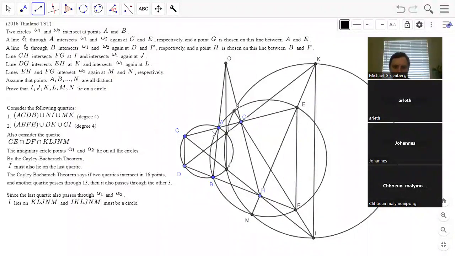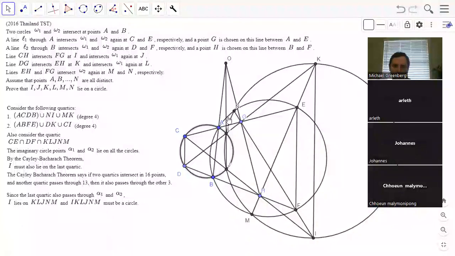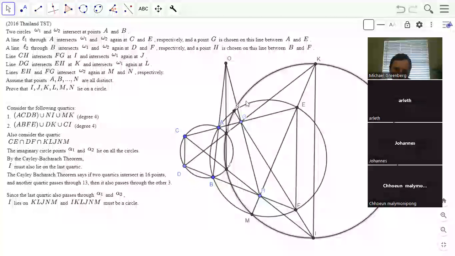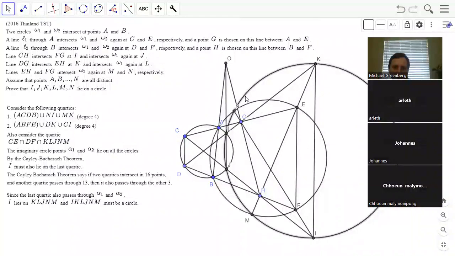And so this means that O has the same power with respect to this circle and this circle. But we don't yet know that that's this circle. Oh, we do. So O has the same power with respect to this, and the big circle. Oh, but we don't know.